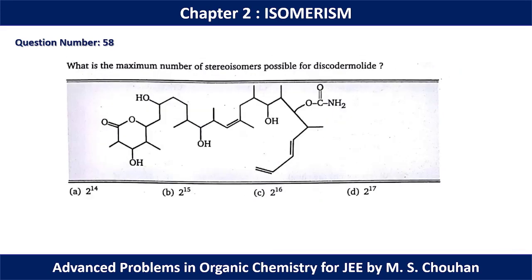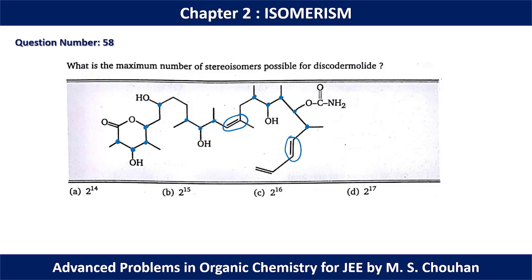In question number 58, what is the maximum number of stereoisomers possible for this molecule? So we have chiral centers 1, 2, 3, 4, 5, 6, 7, 8, 9, 10, 11, 12, 13, and we have two geometric centers also, that is 14 and 15.